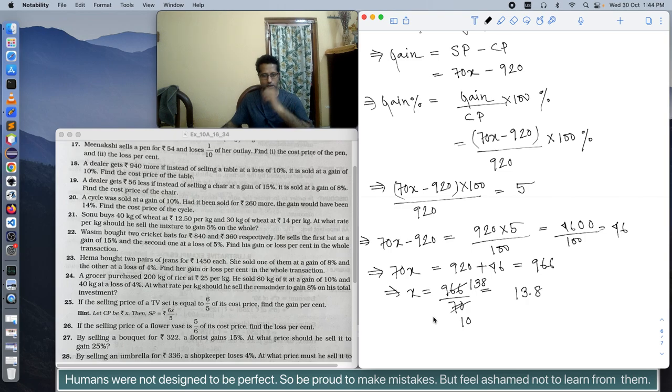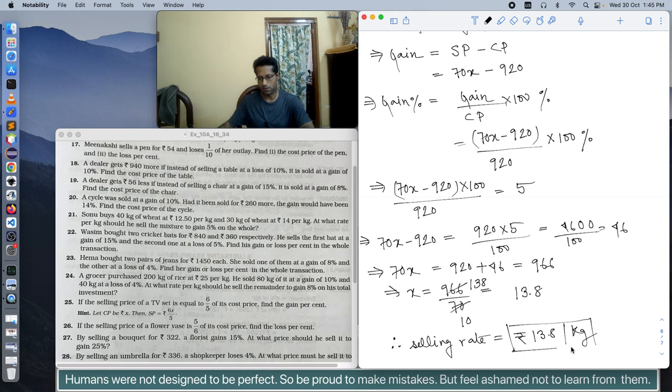Hence the answer: it is asking at what rate per kg should he sell the mixture. Therefore, the selling rate is equal to rupees 13.8 per kg. This should be the selling rate of the mixture of wheat to have a gain of 5%.